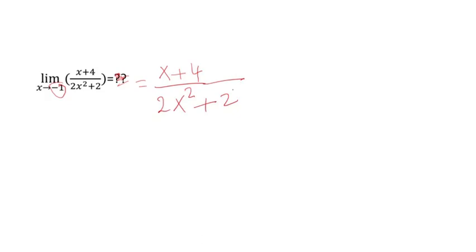So the first step, you write it out. Then literally, you just go through and replace x with negative 1. So negative 1 plus 4. Then I have 2 times x squared, so negative 1 squared plus 2.